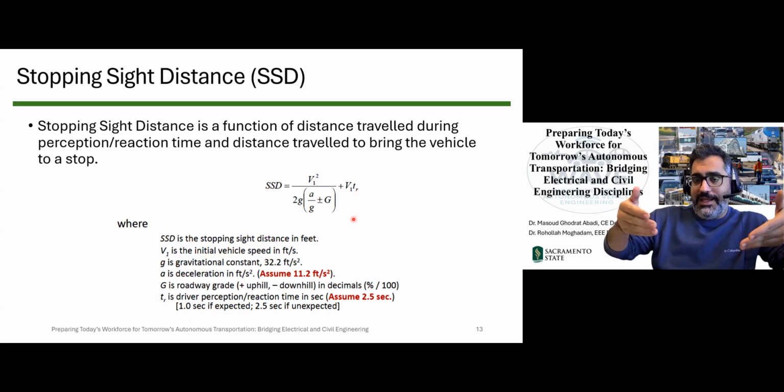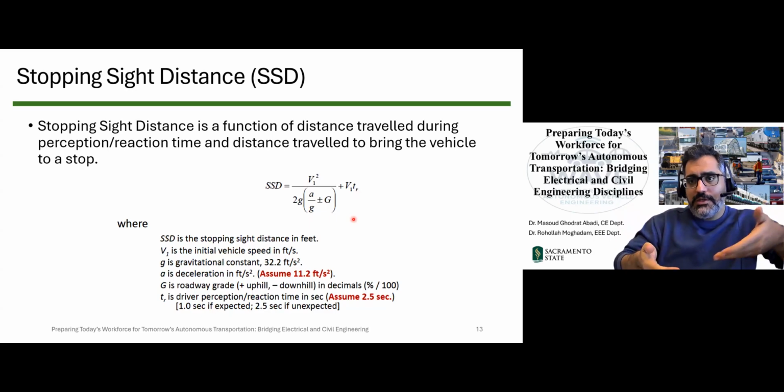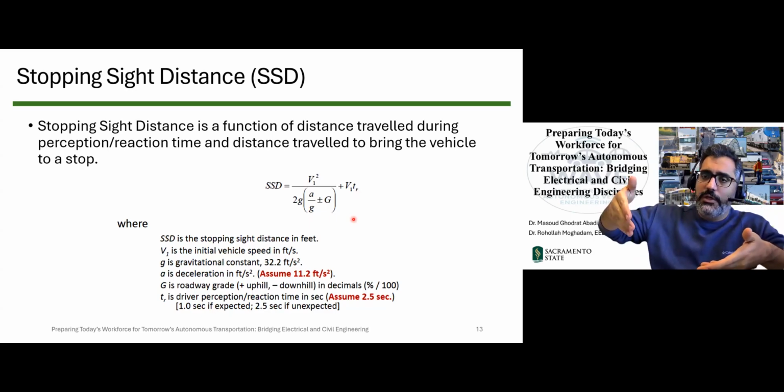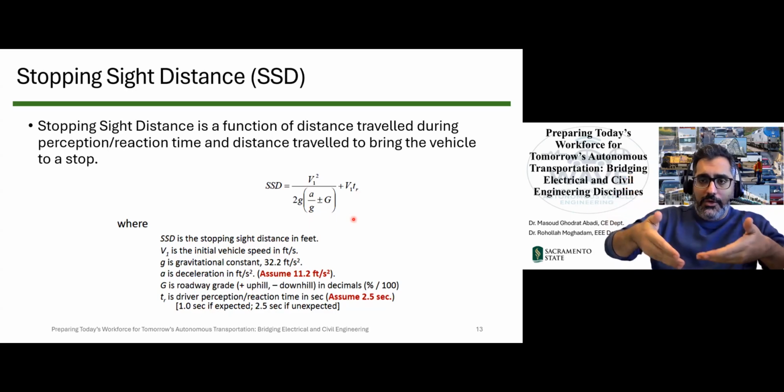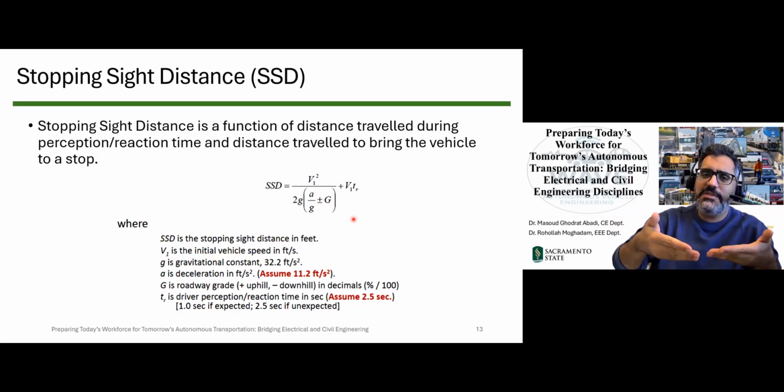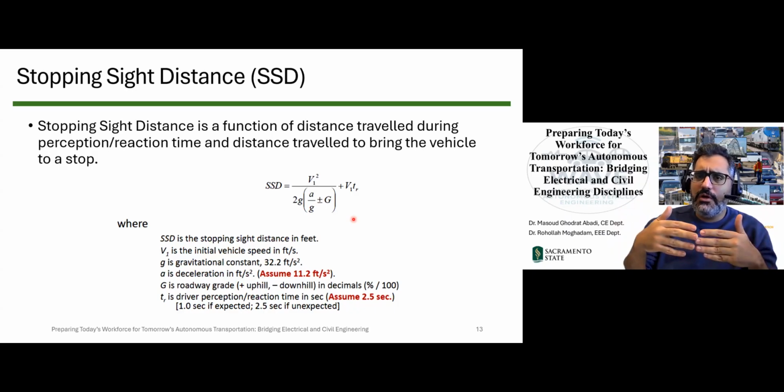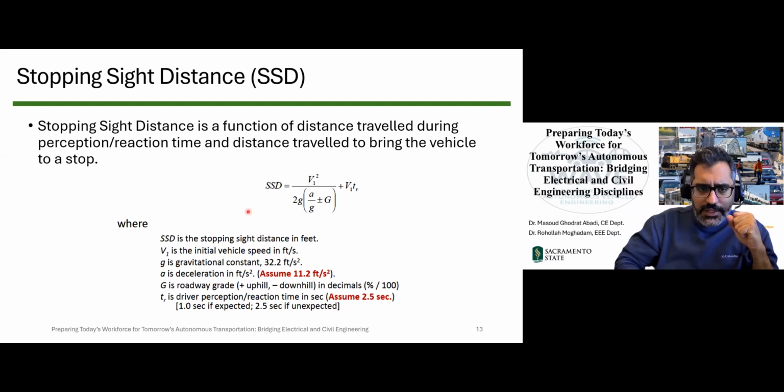But given that it is a curve, one side is going down, the other side is going up, right? So in order to consider this trade-off and stay on the safe side, usually when we are calculating stopping sight distance, we assume level grades. So we usually find SSDs based on G being 0.